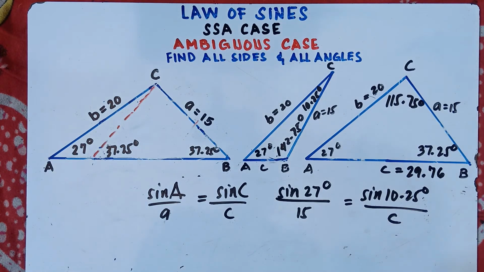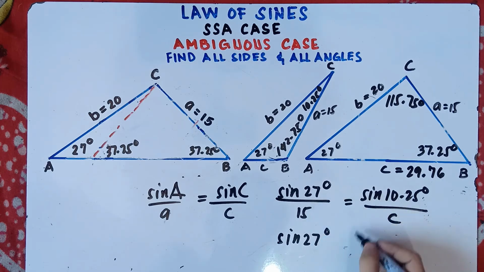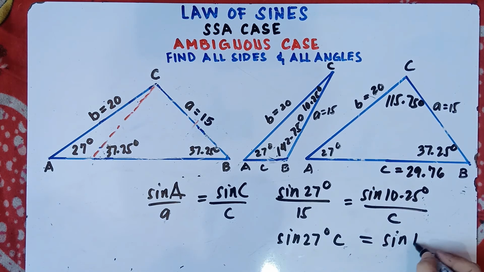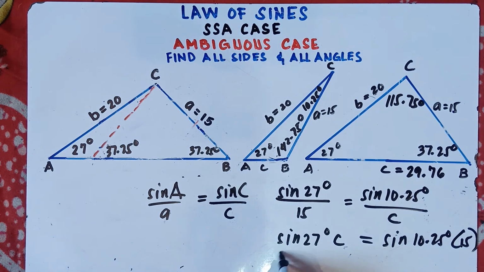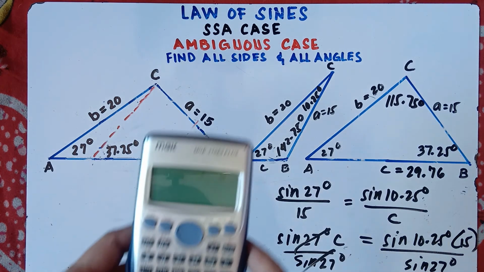This is sine 27 degrees times C equals sine 10.25 degrees times 15. To get the value of C, divide both sides by sine 27 degrees, and cancel this out.